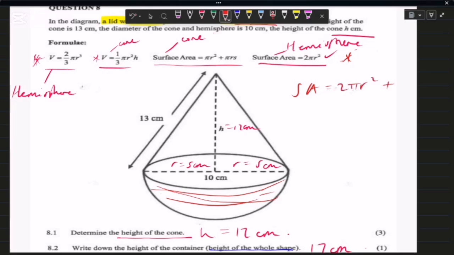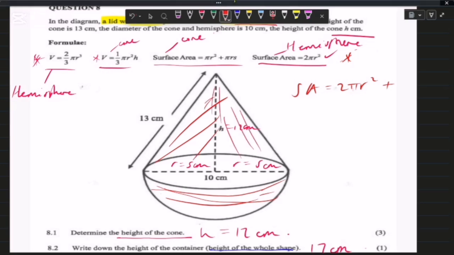Now we have to be very careful when it comes to the cone, okay? Because if I paint this entire object, what we must realize is that the only part that I will be able to paint is this one, the slant part.